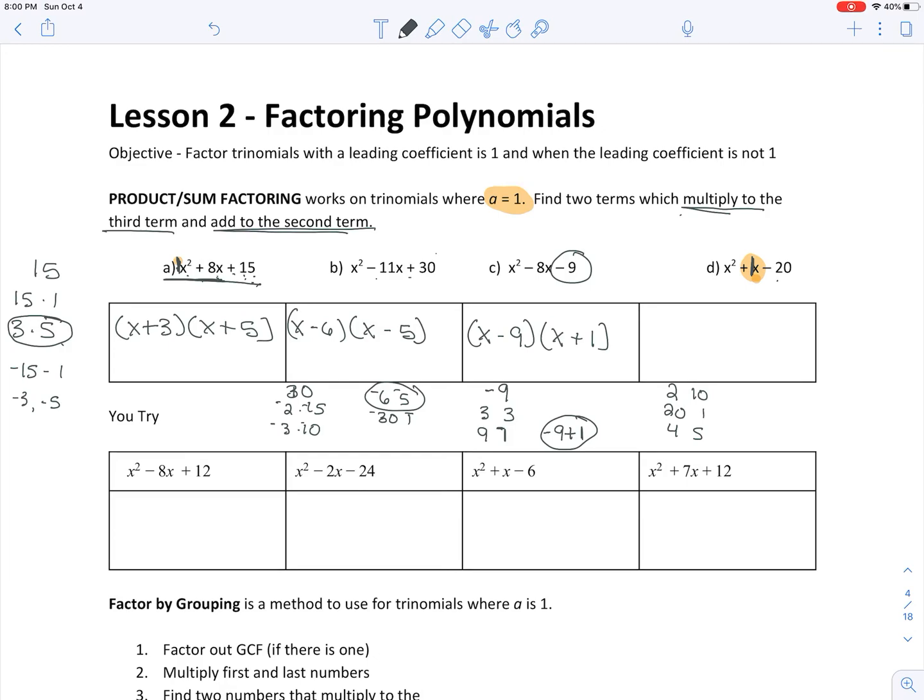I think that's it. So I want a positive 1 in the middle. If I do 4 and 5, and I make 5 positive and 4 negative, that'll give me a positive 1 in the middle. So this would be x minus 4, x plus 5.